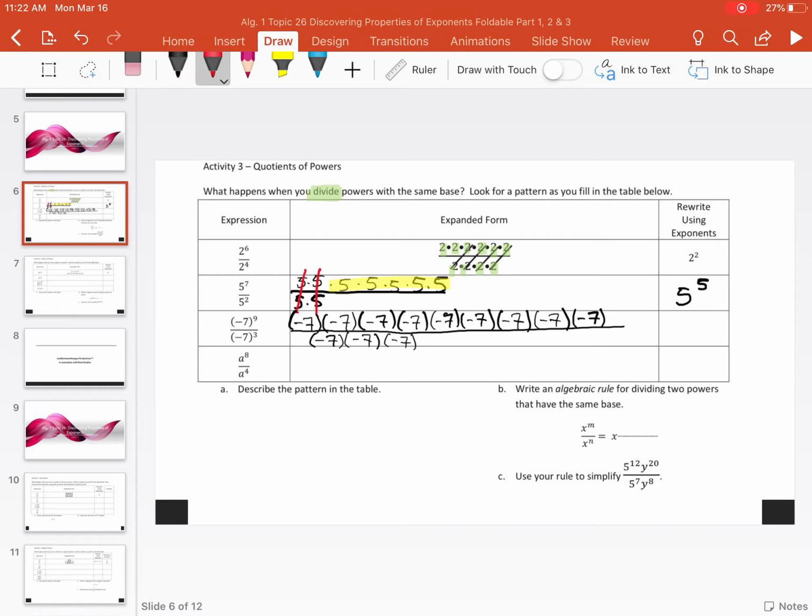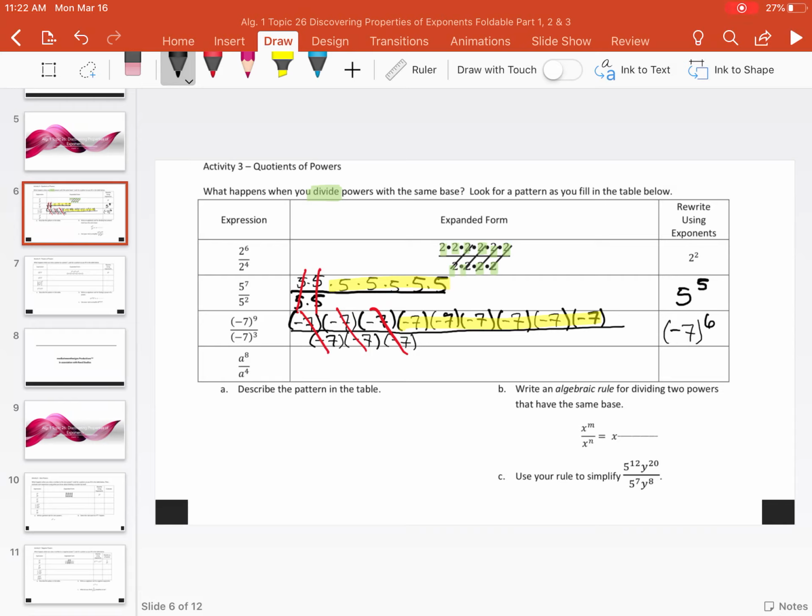Again, we're going to go through and reduce. Negative 7 divided by negative 7, three times, and we're left with all of these. So this reduces to negative 7 raised to the 6th power.